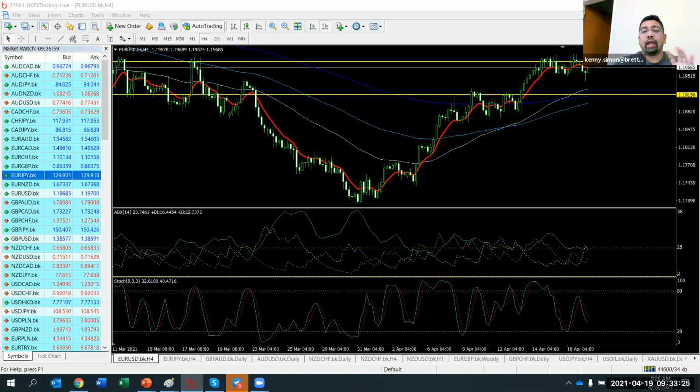Now we have a zone. Now I will highlight this zone right here. This is more like a no trading zone, NTZ.